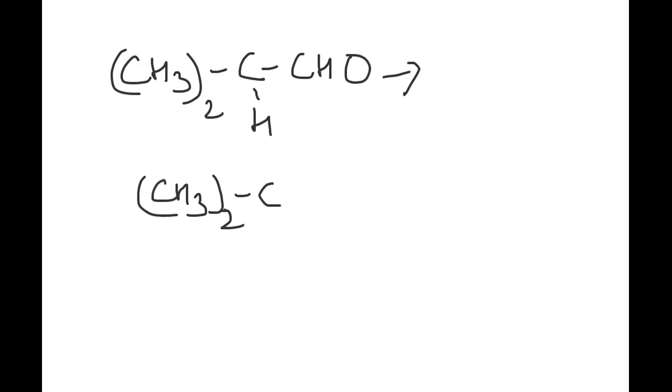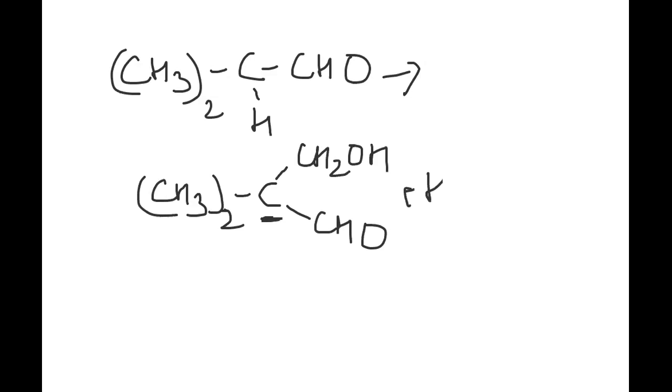Then in this case, it's going to be CH2OH, and of course one of the groups is going to be CHO. So you see, now this carbon atom is not having an alpha hydrogen. So this can undergo Cannizzaro's reaction. Suppose you are taking HCHO, then this is going to form the acid, and this part of the molecule will form the alcohol, and of course Cannizzaro's reaction will be shown by the compound.